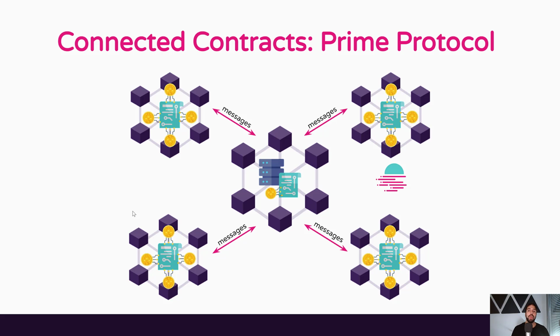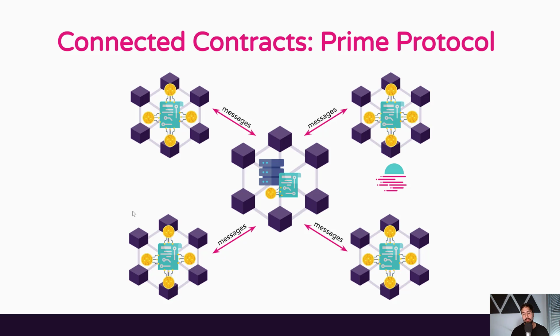So this is probably one of the best examples of connected contracts, and the project is called Prime Protocol, right? By now you already understand the idea of connected contracts is that you can access any asset, any user, any blockchain from Moonbeam. I've mentioned the example of Lido, where you could access relay chain features like staking from Moonbeam, staking Kusama or Polkadot.